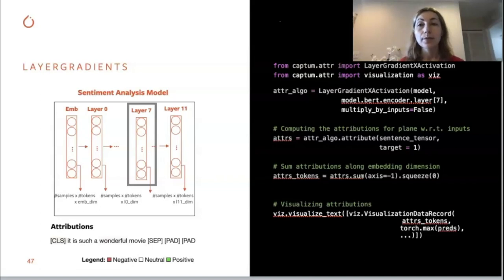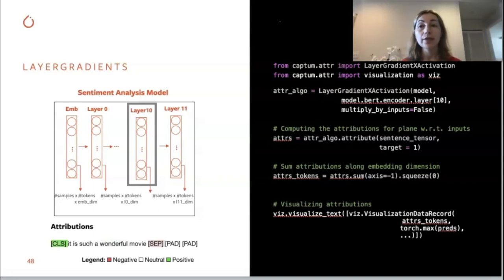In this case, we visualized layer 7, and we can see that we don't have anything highlighted in green, which means we don't have any tokens that are positively correlated with positive sentiment in this layer. But we can check out another layer and see how importance looks for another layer.